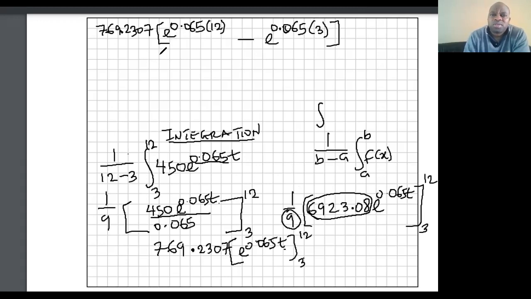And then you put all this in your calculator. Now, let's do that. 769.2 minus open bracket exponential.